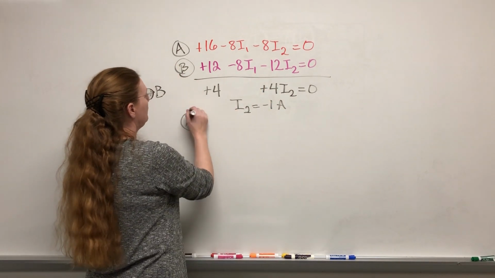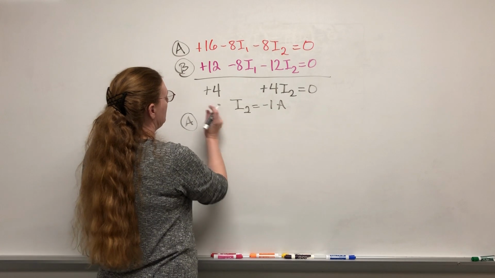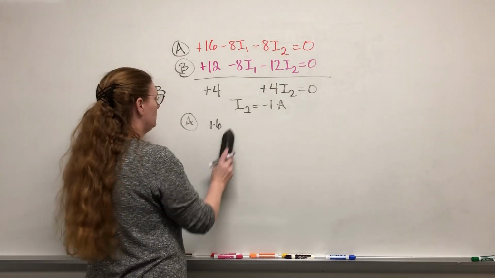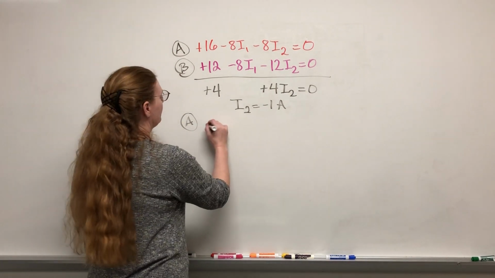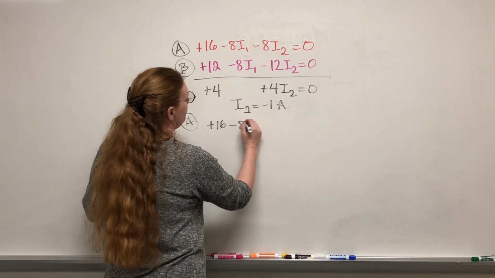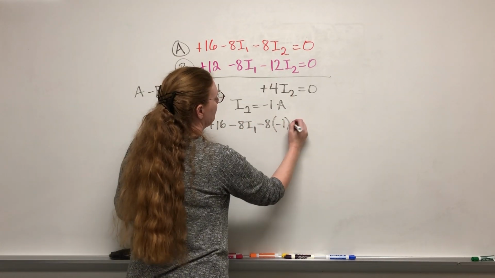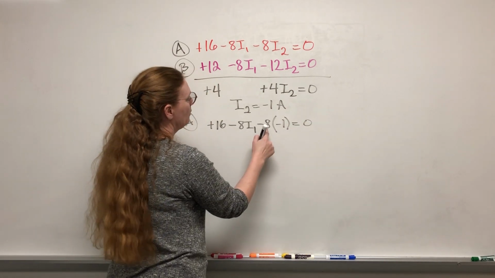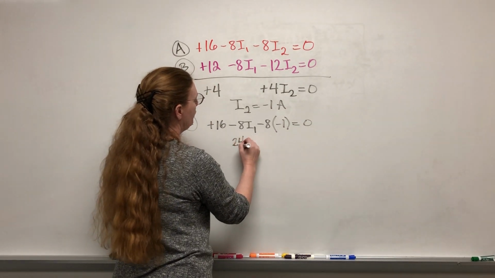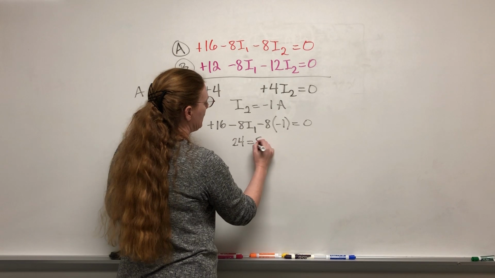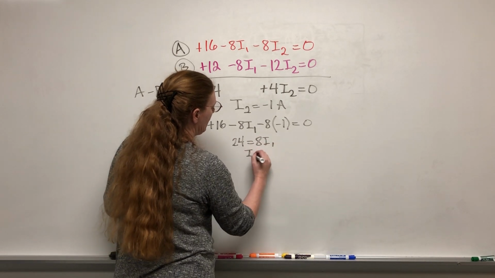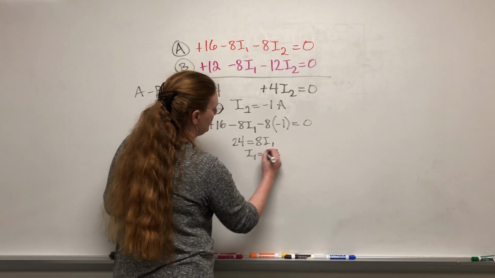So if I do A, it's plus 16, minus 8I1 minus 8I2, which is a negative 1, equals 0. Okay, 16 plus 8 is 24. Bring this over, equals 8I1. I1 equals 3 amps. Positive.